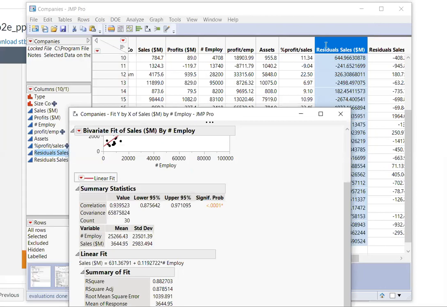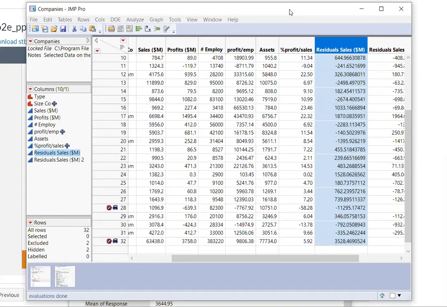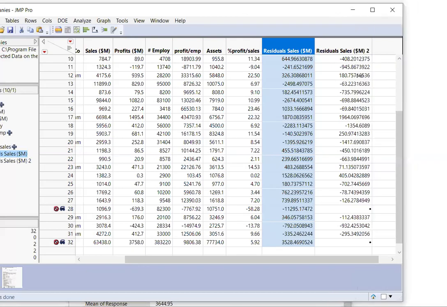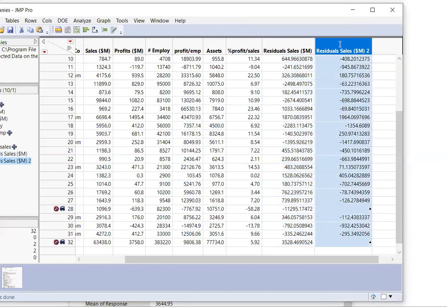So going back here, I can see the residuals are saved here. That's the second one, which you can see 28 and 32 are excluded. They're not in results, right? So let's check this.